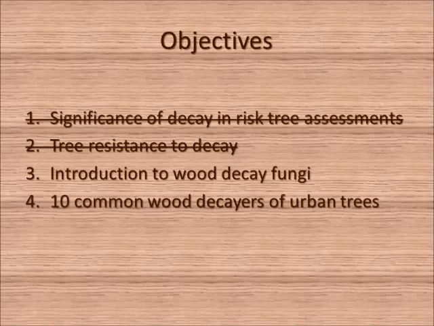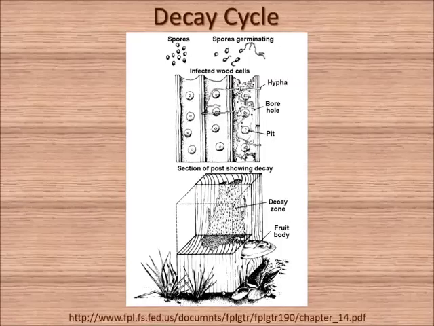Okay, so moving on to introduction to decay fungi. So here's a diagram of what you would see if you were to cut a tree that's being decayed by a fungus. You'd see that the wood is discolored as the fungus decomposes the wood.